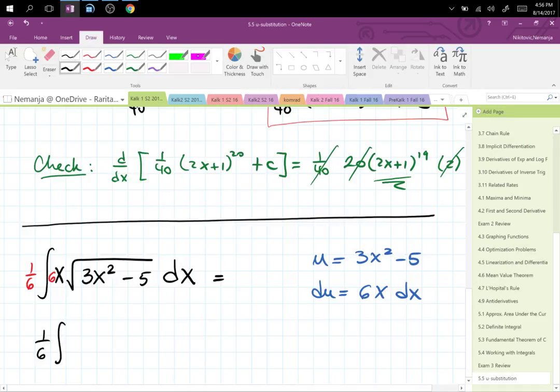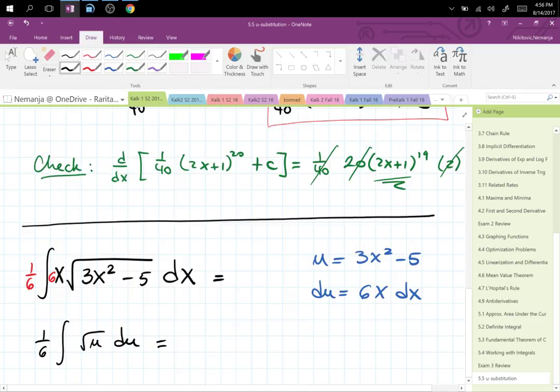All right, so now this stuff is du. So 6x dx is du, and I have square root of u du.